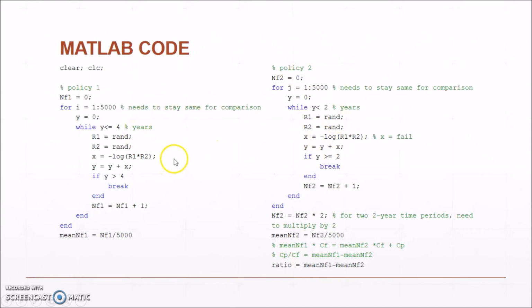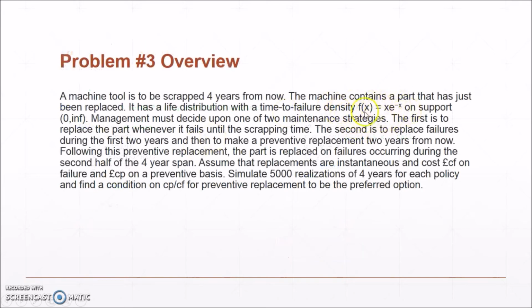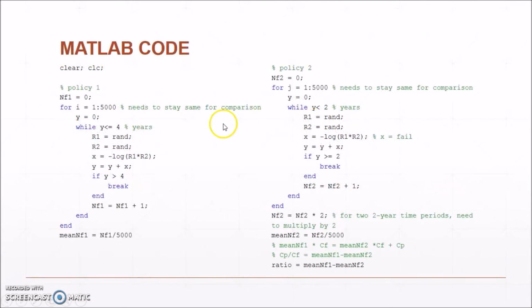We generate random numbers R1 and R2, and we were given the time to failure density on this slide, f of x equals x times e to the negative x. So x is the negative log of those two random numbers, based on that time to failure density.